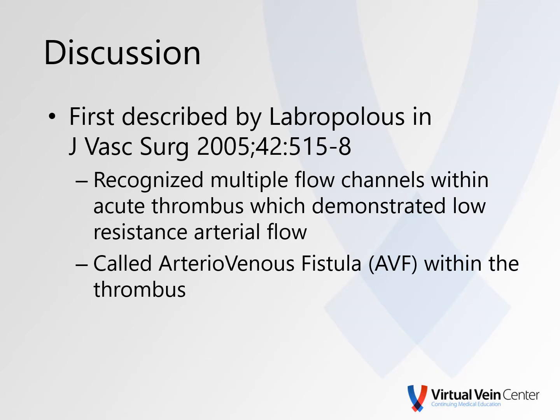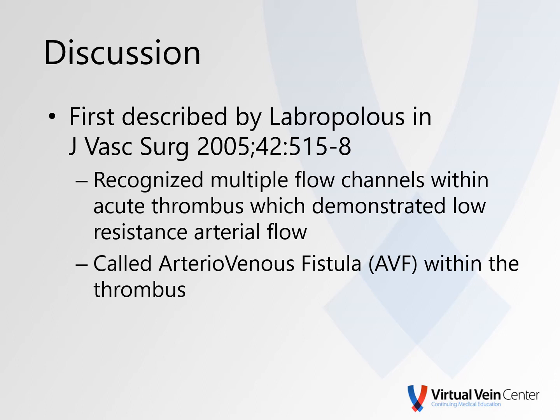Well, this was first described and reported by Labropoulos in an article published in the Journal of Vascular Surgery back in 2005. In a series of patients referred to their vascular laboratory for evaluation of deep venous thrombosis, they found 22 patients that had acute thrombosis in which they recognized multiple flow channels within that thrombus.